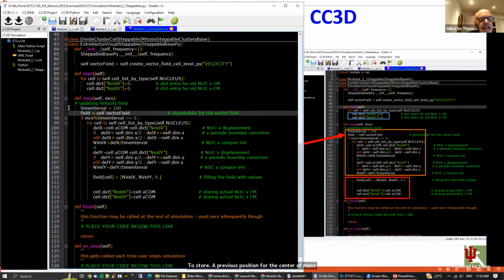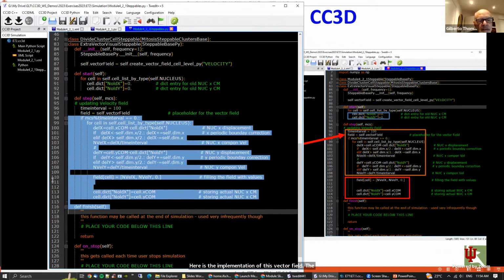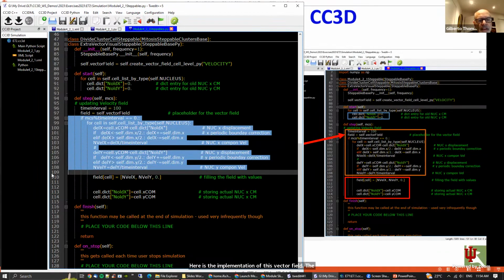Here I define the interval of time that I'm going to use to calculate the velocity components. Here is the implementation of this vector field, the placeholder field. And here the algorithm to calculate the components of the velocity.